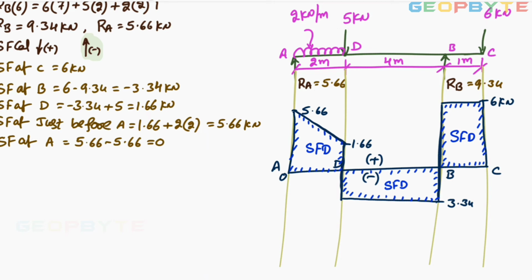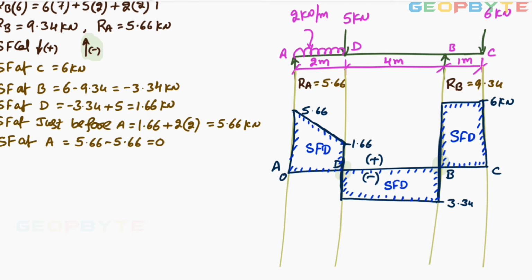Look at the diagram. The shear force diagram changes its sign at B and D. Therefore, maximum bending moment may be occurring either at B or D.